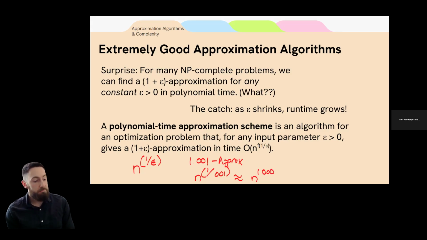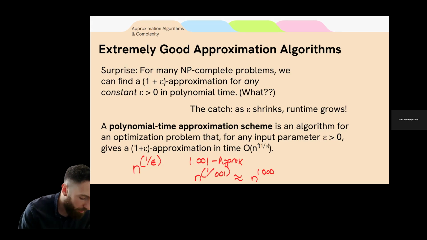So for any fixed constant, you get a fixed polynomial, but those polynomials might grow really badly.